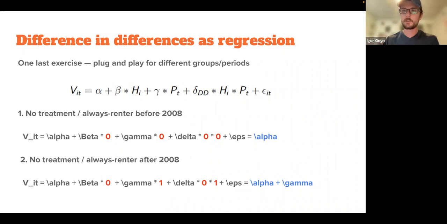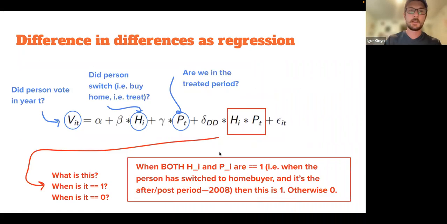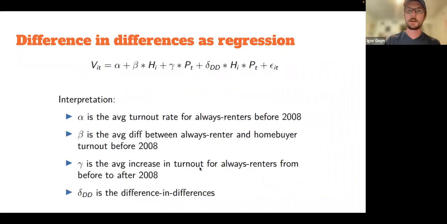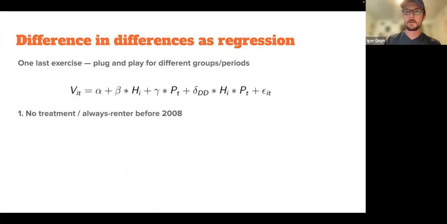Again, that difference in these Greek letter coefficient terms is gamma. And if we go back here, that's exactly what we're getting. It's the average increase in this case, but really it's the difference in turnout for always renters for the control group before to after 2008, which is to say pre and post treatment. Okay.